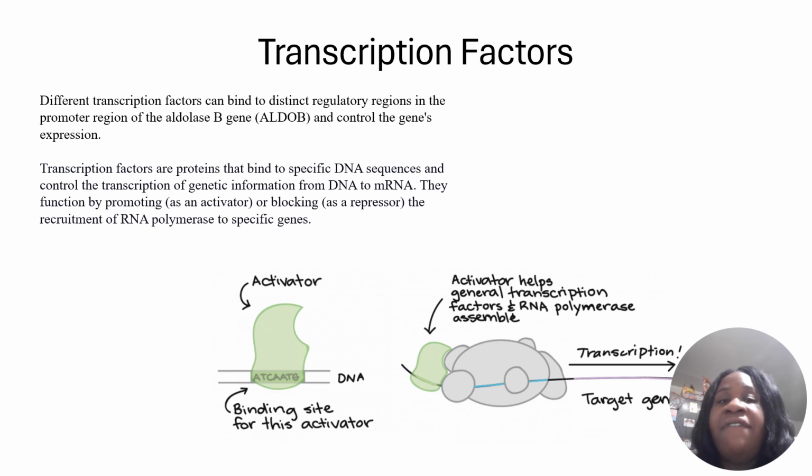You then have the D-box binding protein, which is just a transcription factor. It belongs to the PAR bZIP family, which is the proline and acidic amino acid-rich basic leucine zipper family. It regulates gene expression in a circadian manner, playing a role in the circadian rhythm of gene expression.